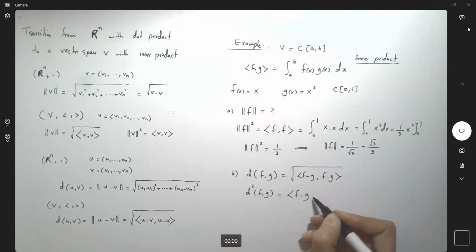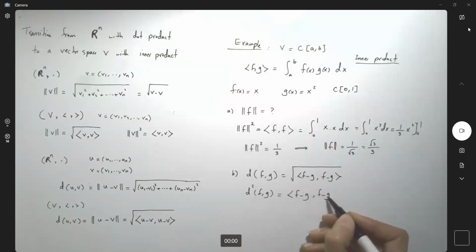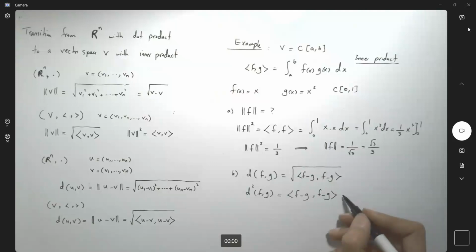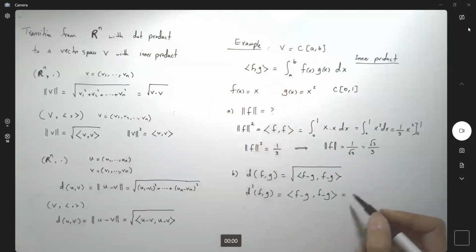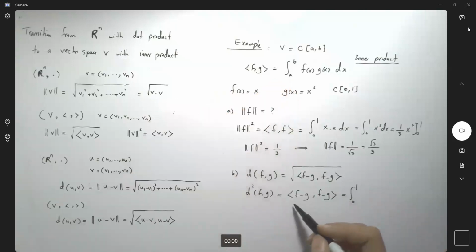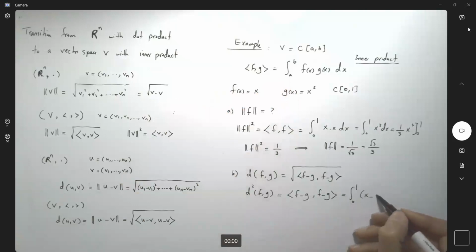You have the inner product between f minus g and f minus g. Very good. This is equal to, based on the definition, the integral from 0 to 1 of f minus g multiplied by f minus g: (x minus x squared) times (x minus x squared) dx.